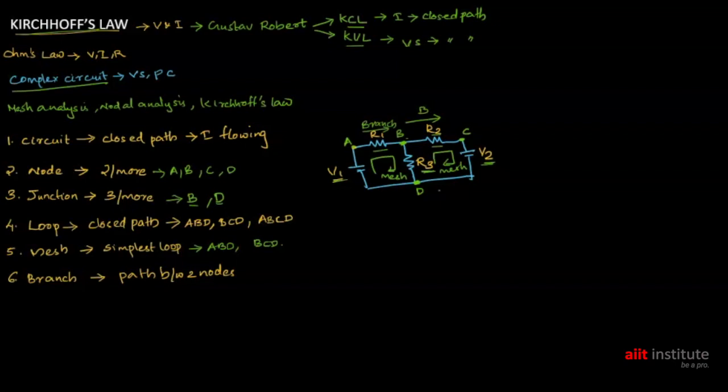C to D, another branch. Similarly, A to D is also a branch. Here a circuit element and two nodes are there. So the path between two nodes is a branch. These are the basic terms which you have to know.